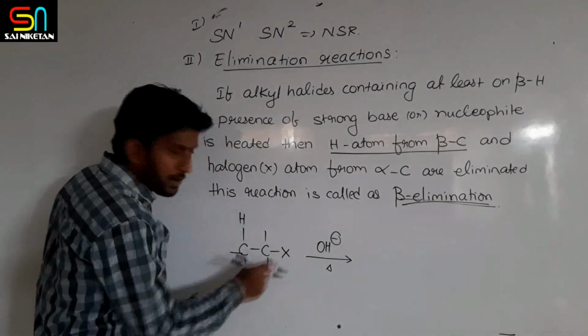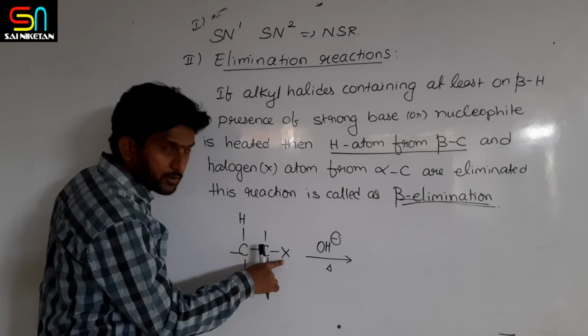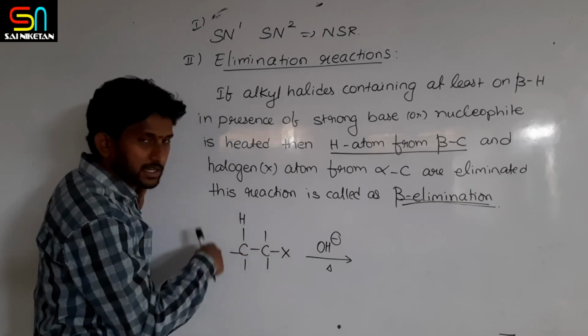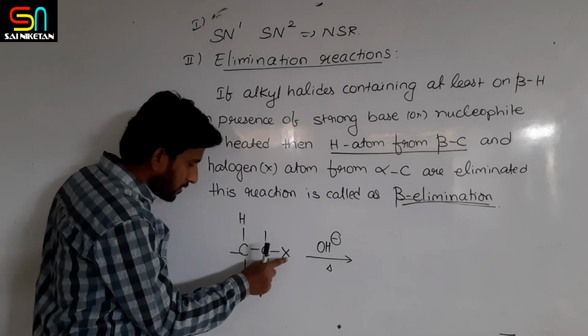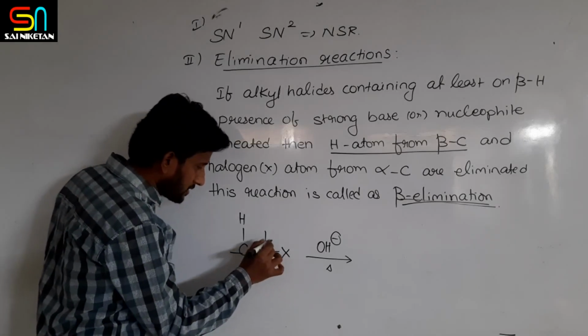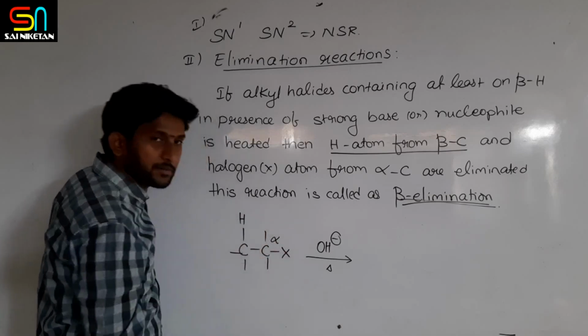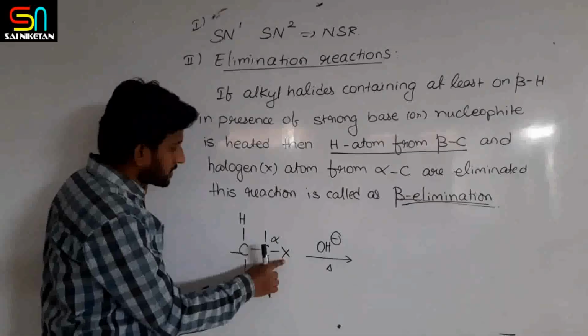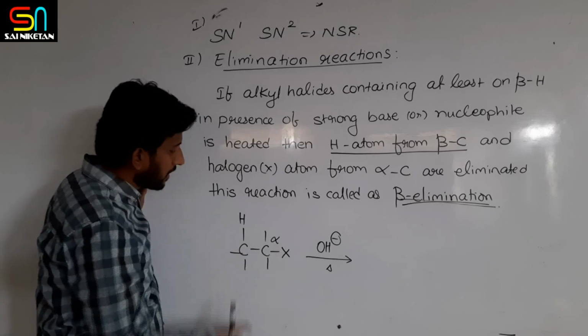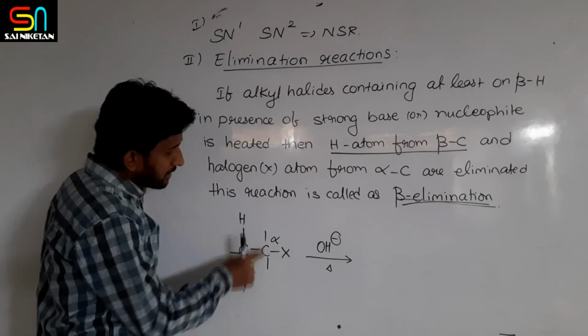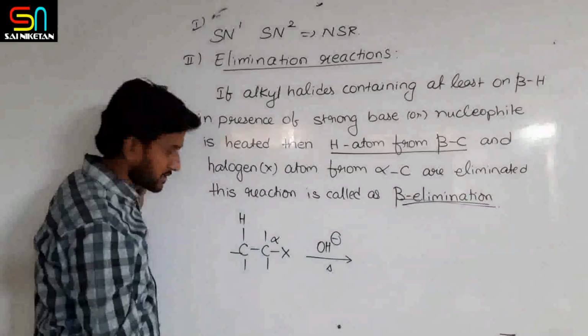Here in this compound, halogen is the functional group. The functional group attached carbon is called alpha carbon, and the hydrogens attached to alpha carbon are called alpha hydrogens.